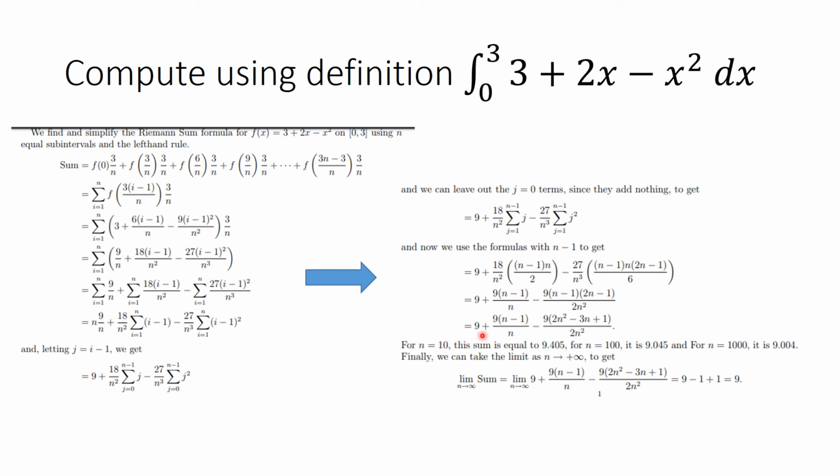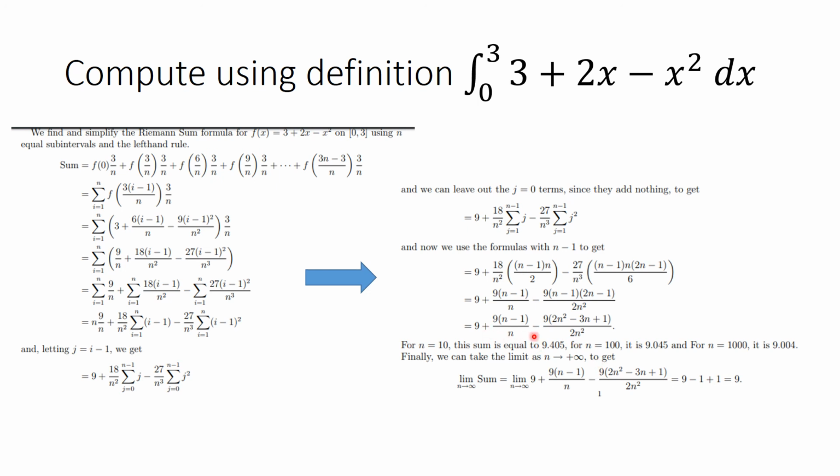So this one becomes 9. This one also becomes 9 because you have 9n over n as the leading terms. So it is 9, and this is going to be 9, but this is going to then be minus, let's see, this limit here is going to be 1, so that is minus 9.